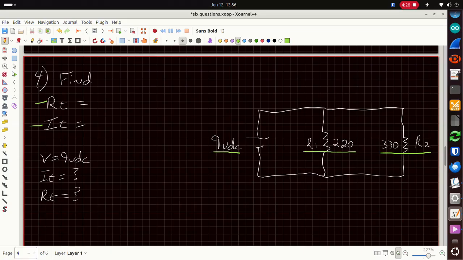We know that voltage is a 9 volts DC battery, R1 is a 220 ohm resistor, and R2 is a 330 ohm resistor. So what is RT and what is IT? Resistance total and current total.